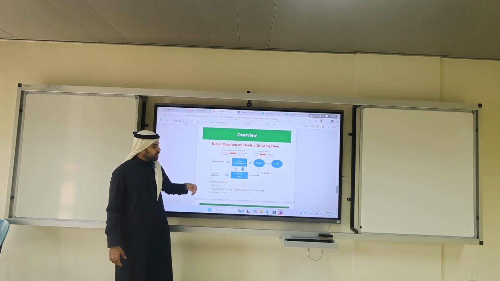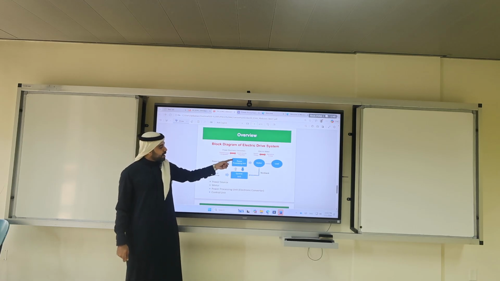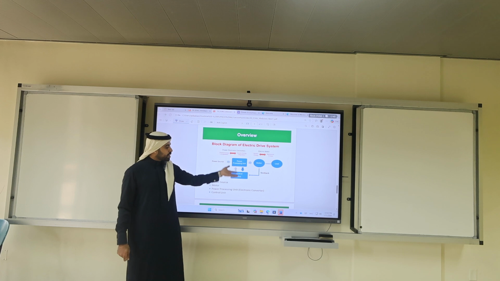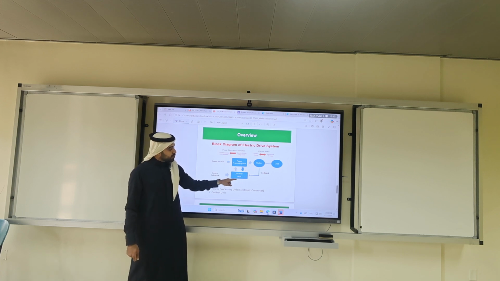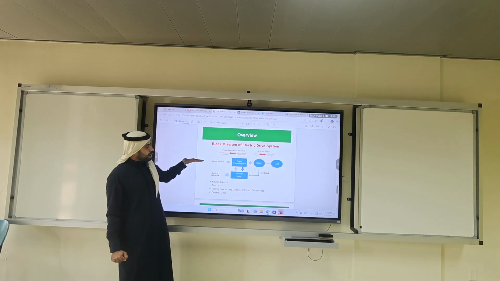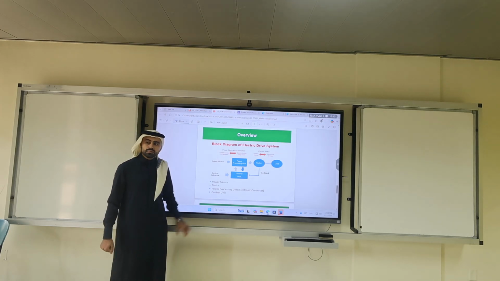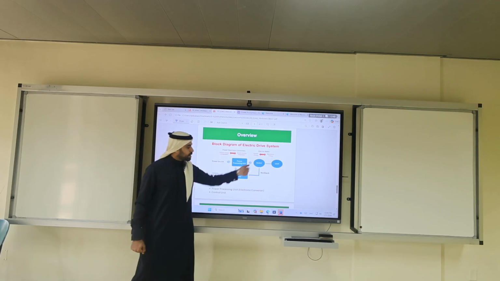But usually we refer to the closed loop feedback and the power electronics involved in sensing the speed, the control unit of it, etc. So we usually have a power source, a power supply for the motor, three-phase or single-phase, depending on the load and on the machine that you're operating.